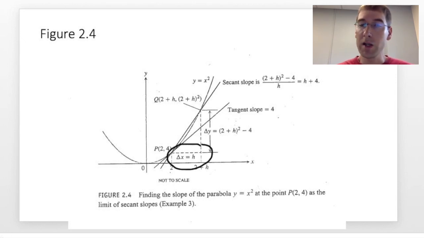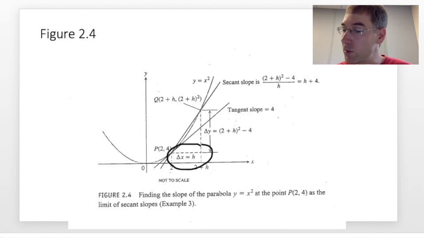And the next item is the secant line through the point P and nearby point Q. Now you all know how to compute the slope of this secant line. It's change in y over change in x.